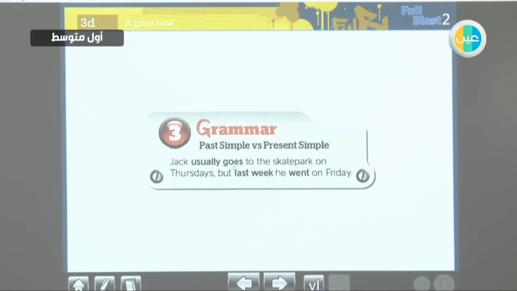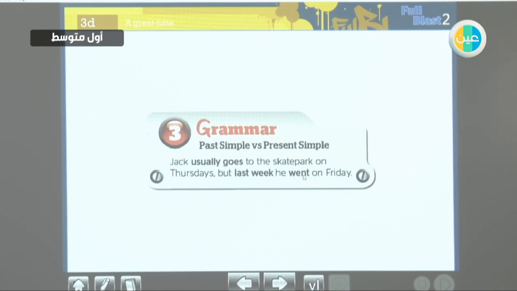Okay? But last week, he went on Friday, because we have the expression last week. We use the past tense of the verb go, which is went. And we said that the verb go is an irregular verb because when we have the past of it, the verb changes.